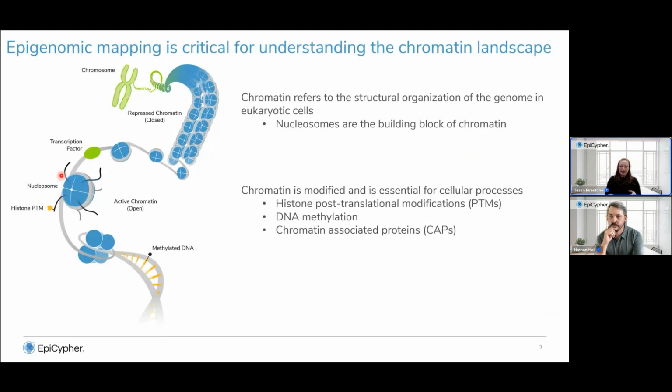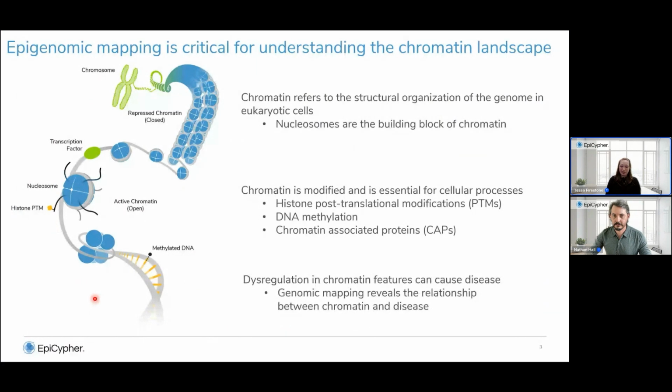This protein-nucleic acid assortment is regulated by diverse modifications, including histone methylation and acetylation, as well as DNA methylation, and chromatin-associated proteins, including transcription factors, remodelers, chromatin readers, and erasers. But since chromatin is modified to alter cellular processes, dysregulation of chromatin features can cause disease.